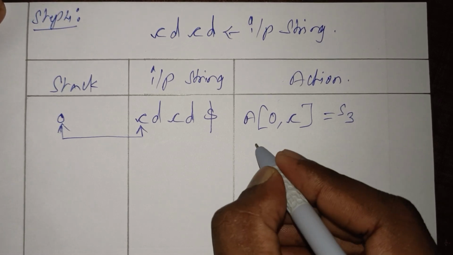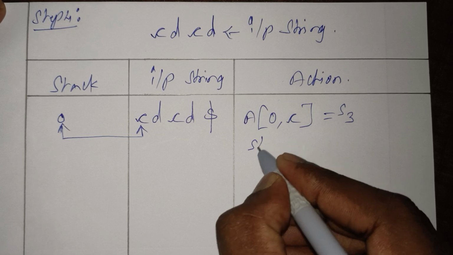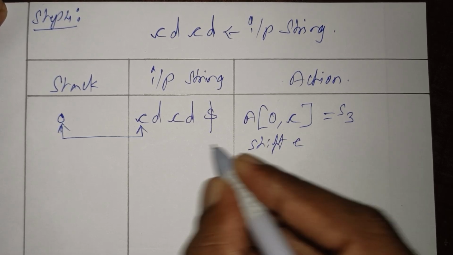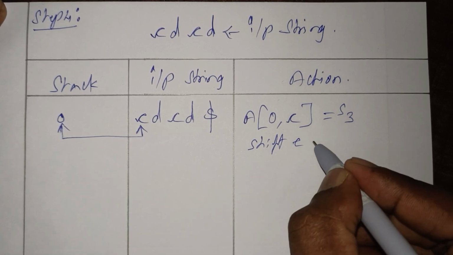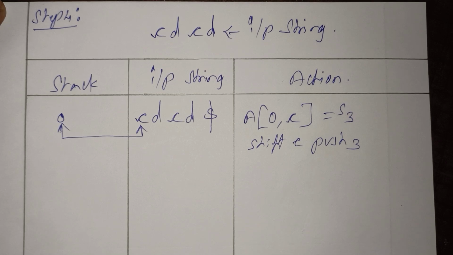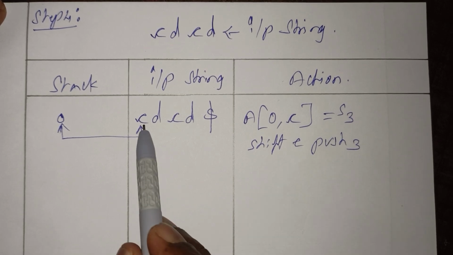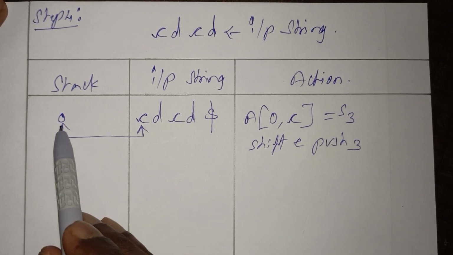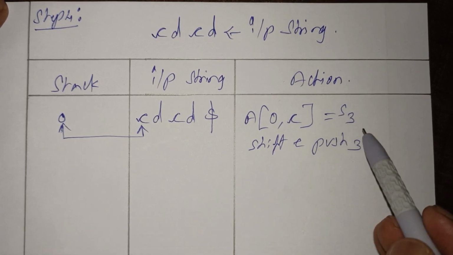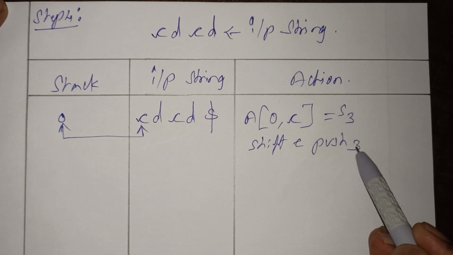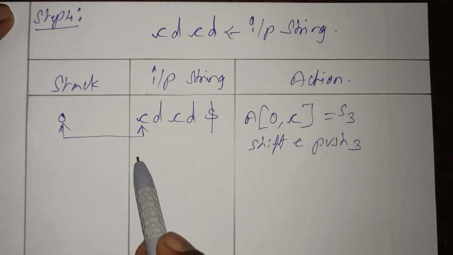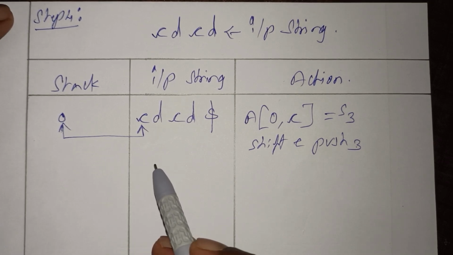We need to shift this small c and push this 3, that is the iteration. Two things we need to do. Small c, you can shift over here when we get the shift action, and also we need to push this particular iteration, so that it is very simple for you to compare the previous and next steps one by one carefully.